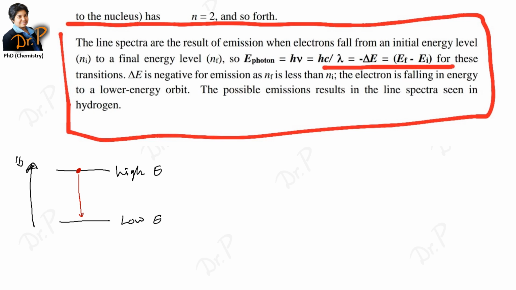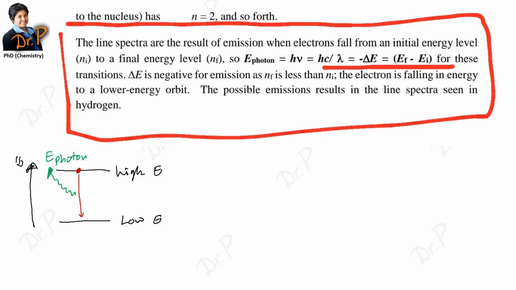When the electron falls like this, it emits a photon, a packet of energy. The energy of this photon can be labeled as E photon.